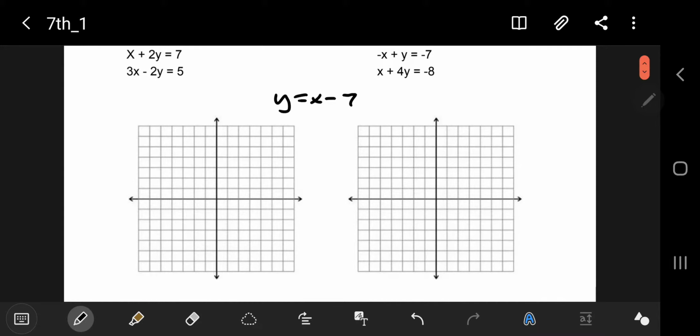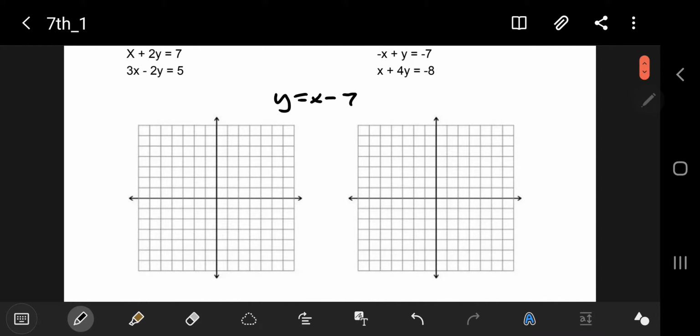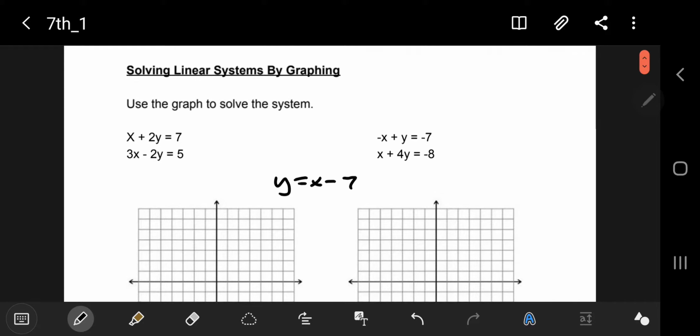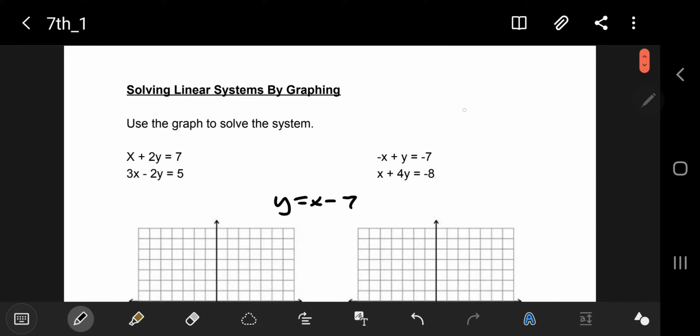If we were to graph that, or actually first, now let's make this other equation. x plus 4y is equal to negative 8 into y is equal to mx plus b form, okay? So let's move the x first, so minus x, minus x.